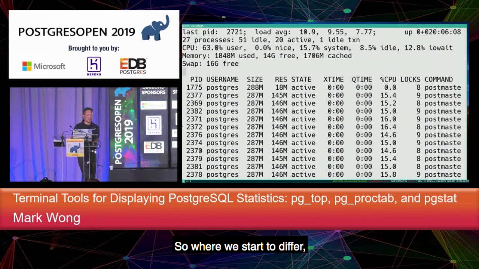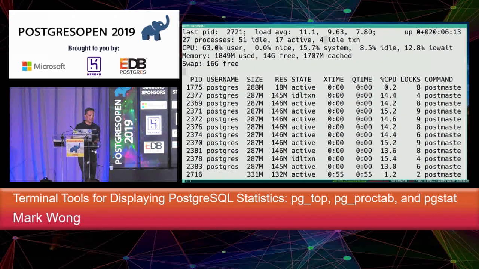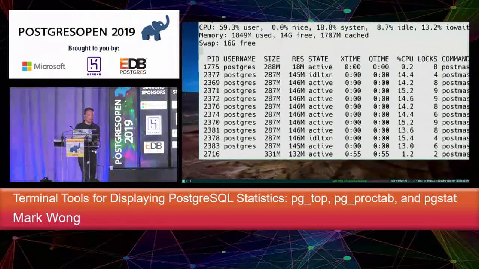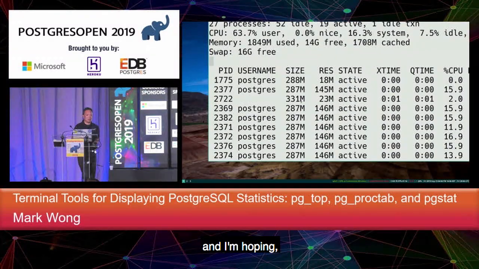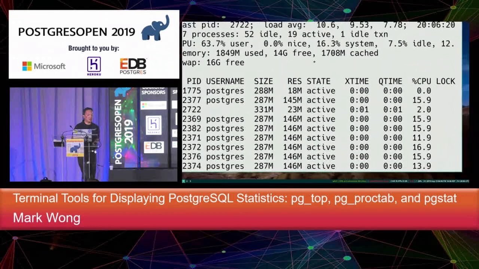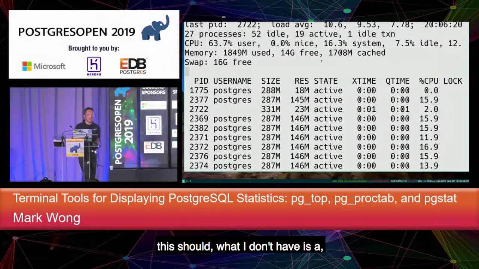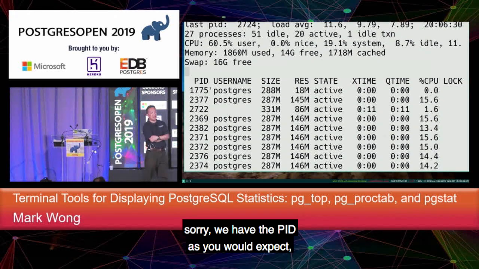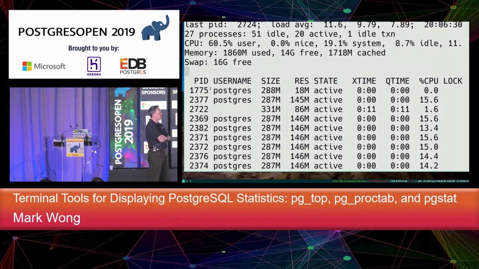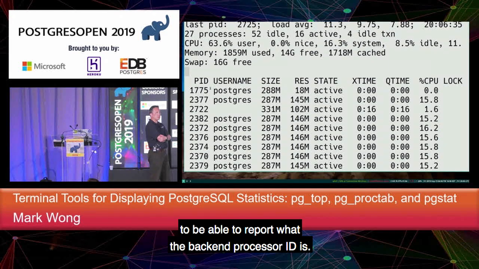So where we start to differ, what we have is the PID, as you would expect, to be reported what the backend process ID is.